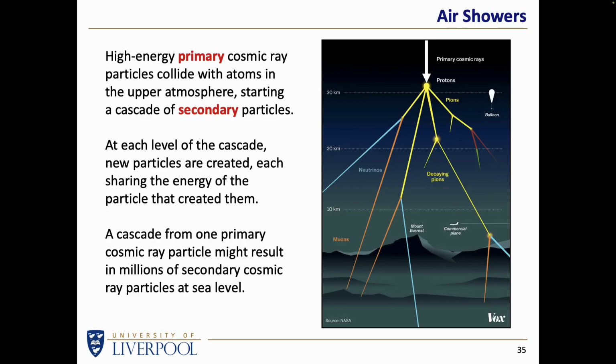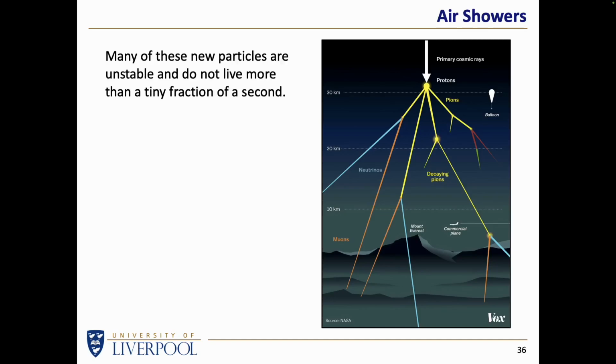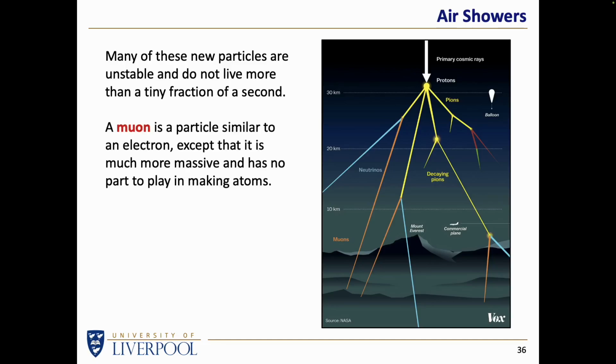But it was also realized fairly early on that some of these particles that are generated by cosmic rays are not the particles that make up us or anything else that we know of. Some of these particles are new. In other words, they don't make atoms, they might be unstable, they might only live for a tiny fraction of a second. One of the most common particles that are generated in these so-called air showers is called a muon.